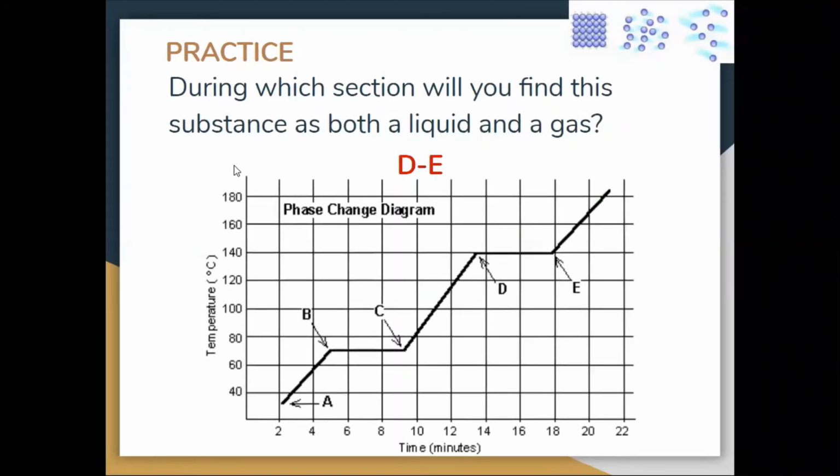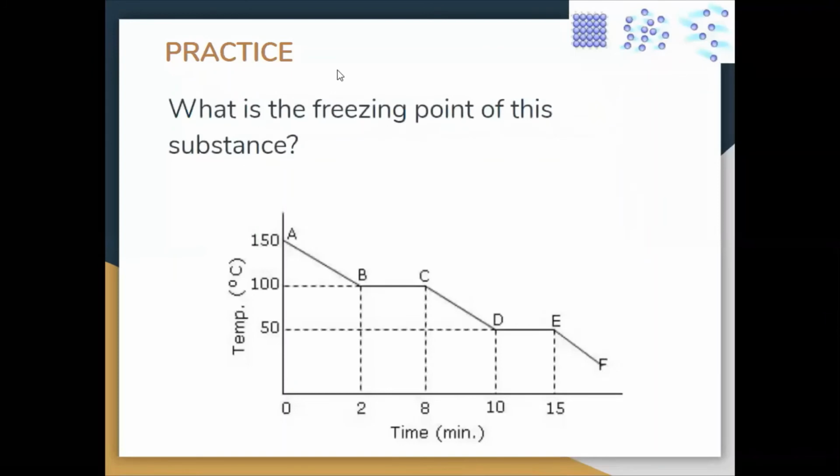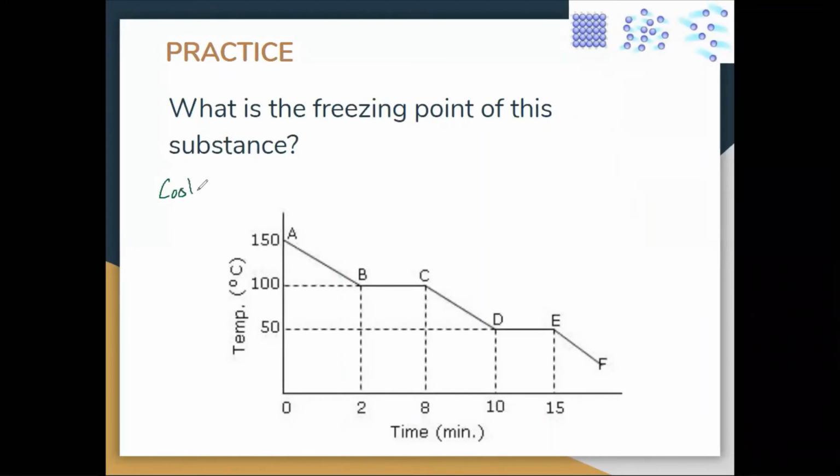Okay, let's try another one. So now it's a little bit different. What is the freezing point of this substance? Now notice this is backwards now, so this is a cooling curve. D and E. You said D and E? Yeah, that's where freezing happens. But remember, freezing point is a what?